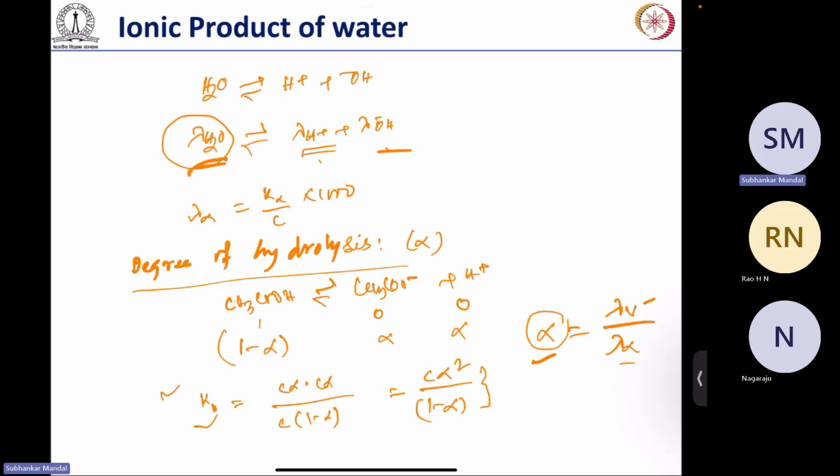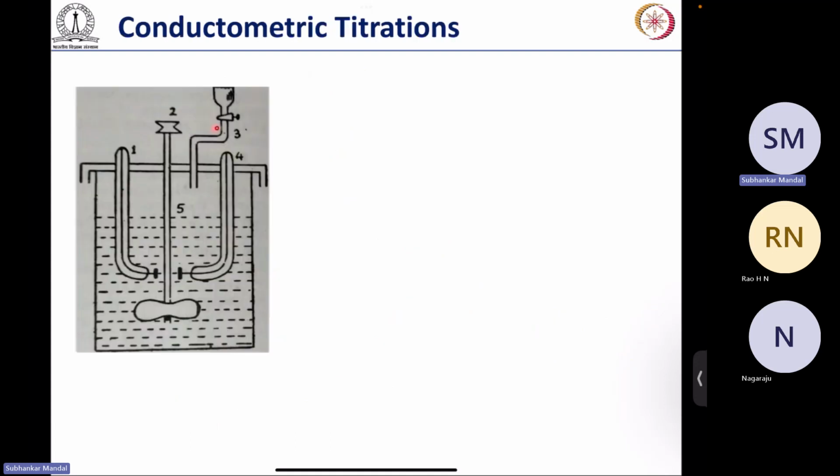Now we'll discuss the conductometric titration technique. In an acid base titration, what we used to do is put some indicator, take the base in the conical flask, add the acid from the burette, and titrate.